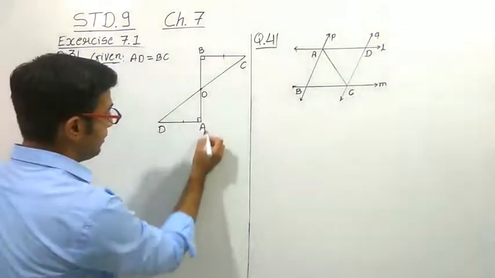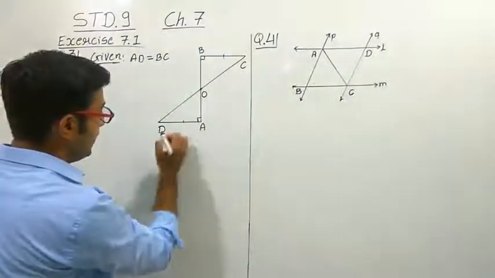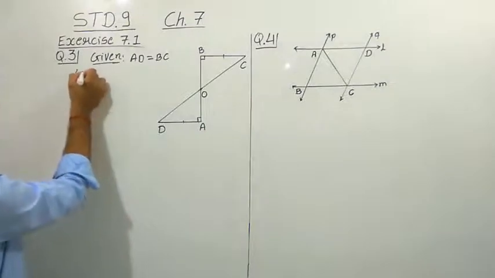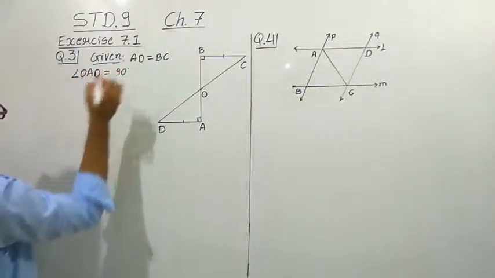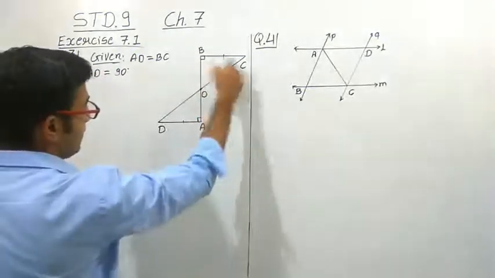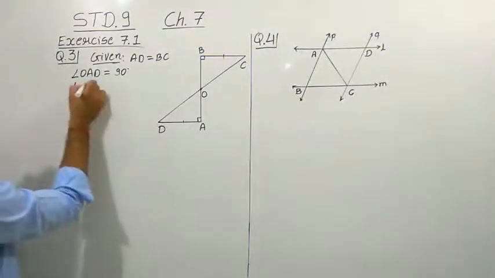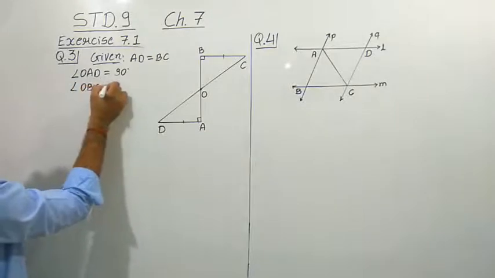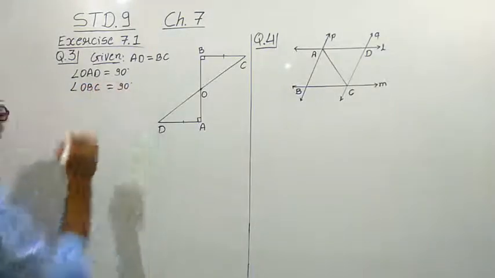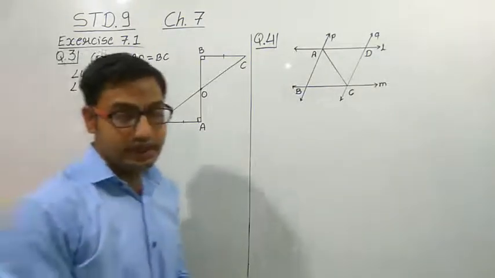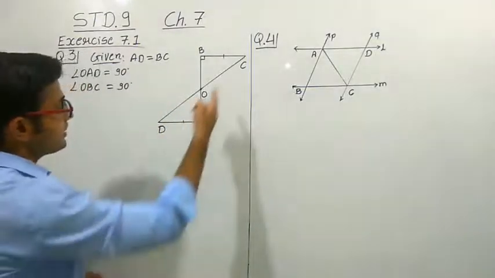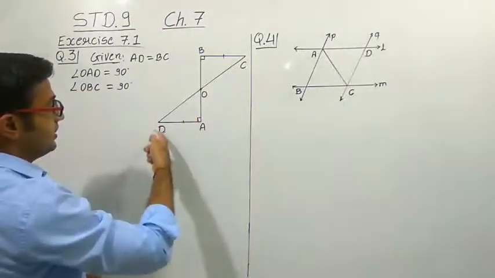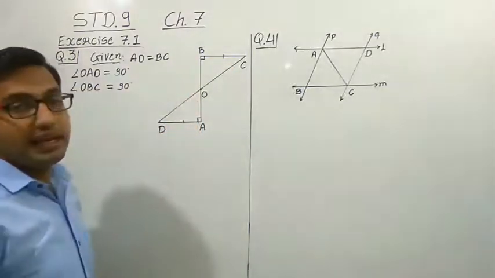This angle we can write as angle OAD, so angle OAD will be equal to 90 degrees. In the same way, angle OBC will also be 90 degrees, right? What we have to prove is that CD bisects the line segment AB.